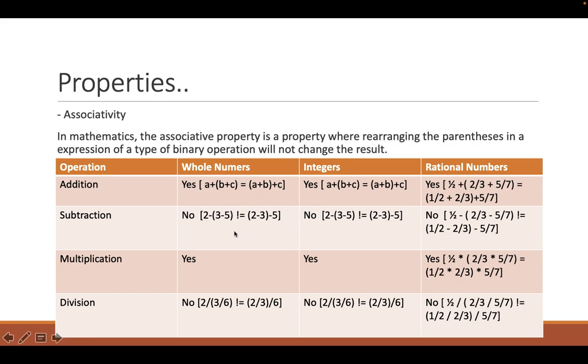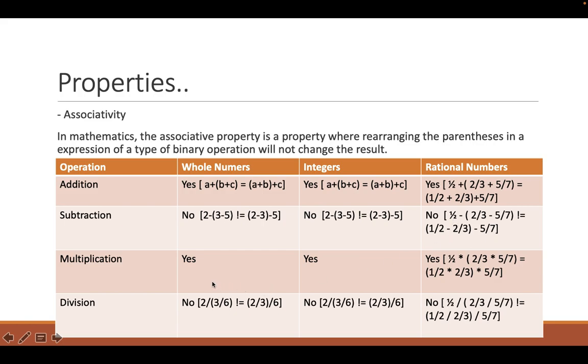Subtraction, the answer is no. You can see the examples. Results won't remain the same, so it doesn't follow associativity property. Integers also, the answer is no. If you change the brackets, the result is different. And then rational numbers also, the answer is no.